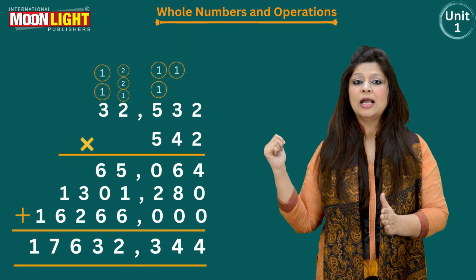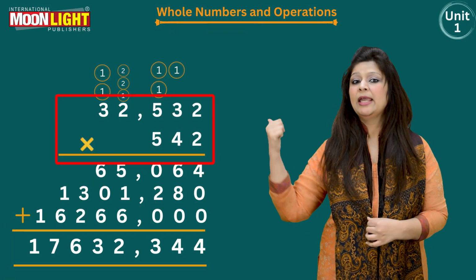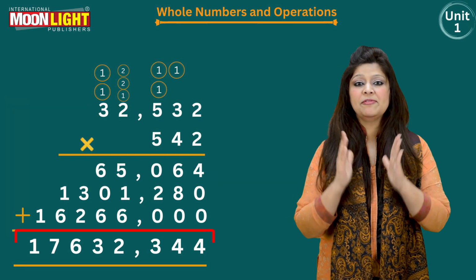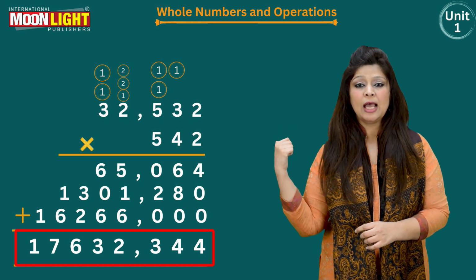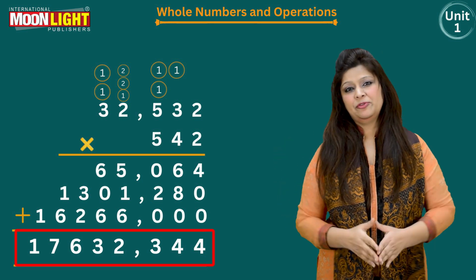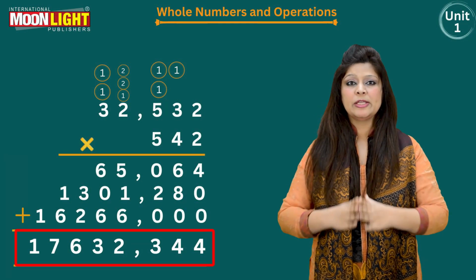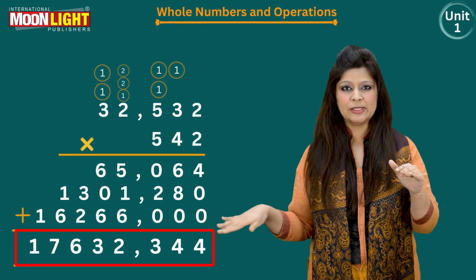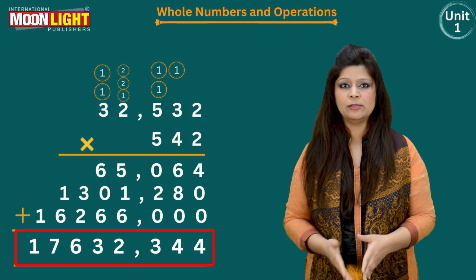So 32,532 multiplication sign and then 542 is equals to 17,632,344. So we can write down this answer in horizontal way. Horizontal way is this one. You know that this is horizontal position and this is vertical way or vertical position.